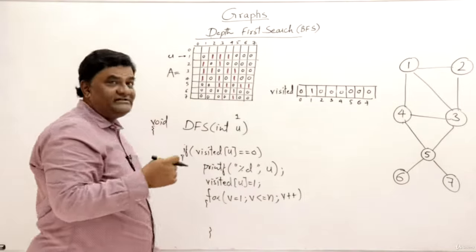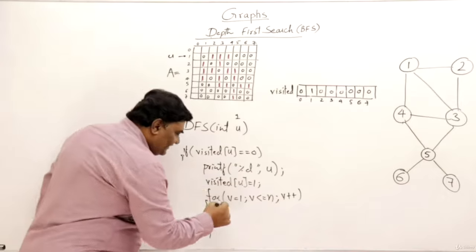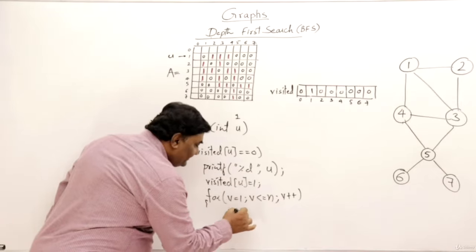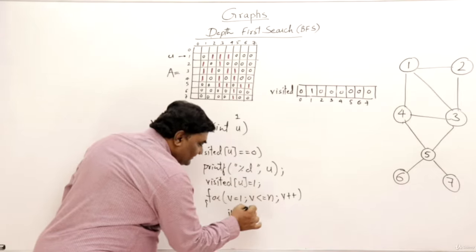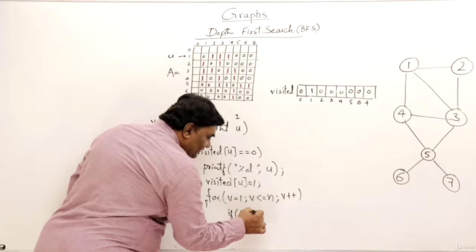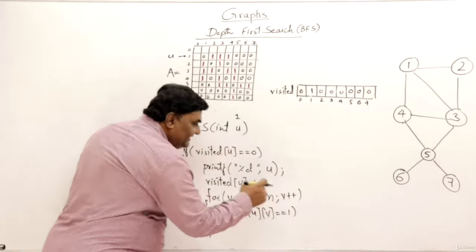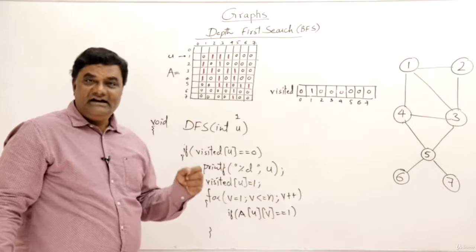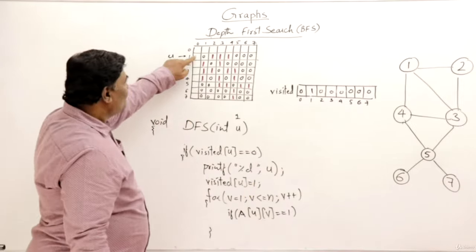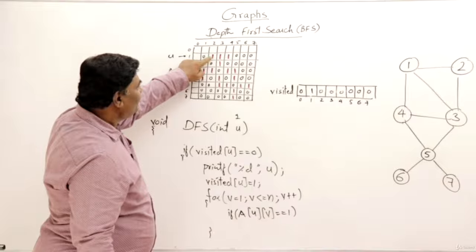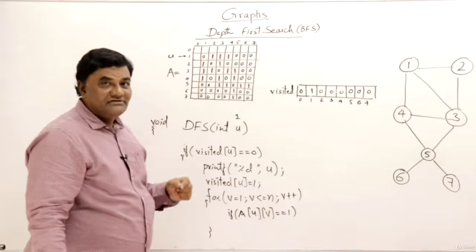If it is 1, then it's an edge. So here I will write: if it is an edge in the 2D array, that is matrix, at location u comma v, if it is equal to 1, it means there is an edge from u to v. Let us say v is 2, so there is an edge.